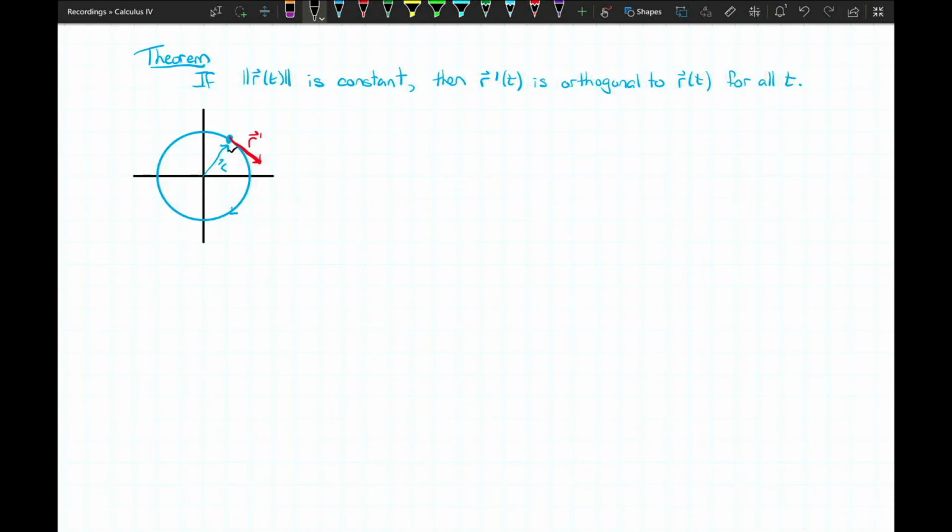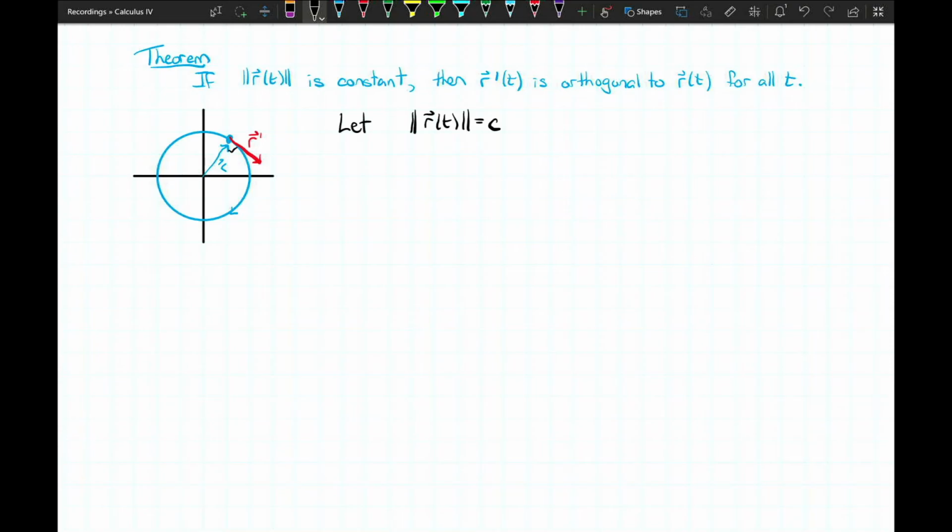First off, we're going to assume that the magnitude of r is constant. So let the constant be c. So let's assume the norm of r is c for all t. Now remember, to calculate the norm, you take each component and square, sum up all of those squares, and then square root. Another way we can calculate that is the dot product of r with r, and then square rooting it.